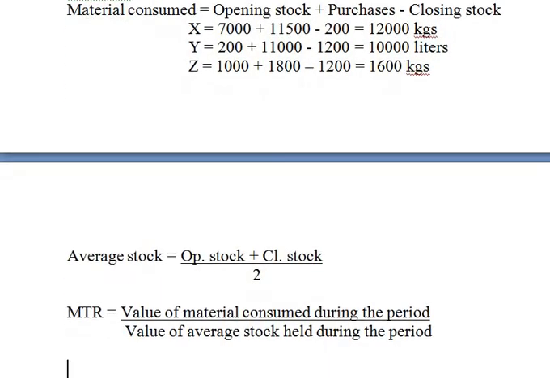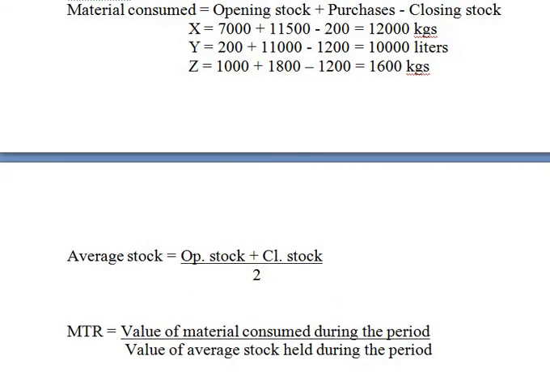Now we will calculate average stock. Average stock of X is equal to opening stock 7,000 plus closing stock 200, divided by 2. So that will be equal to 450 kgs.